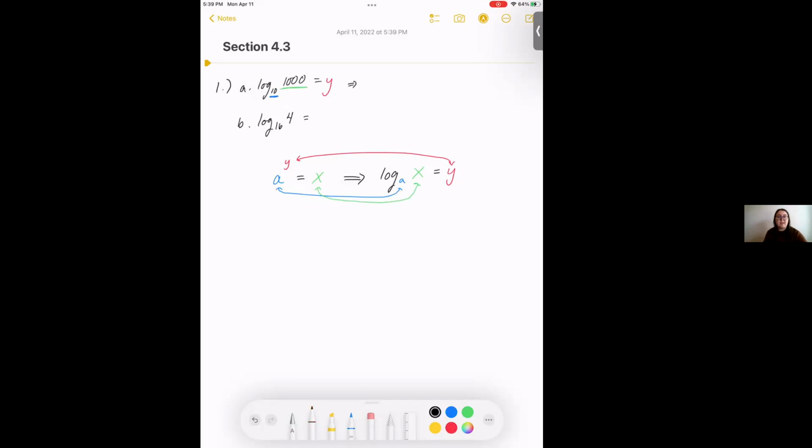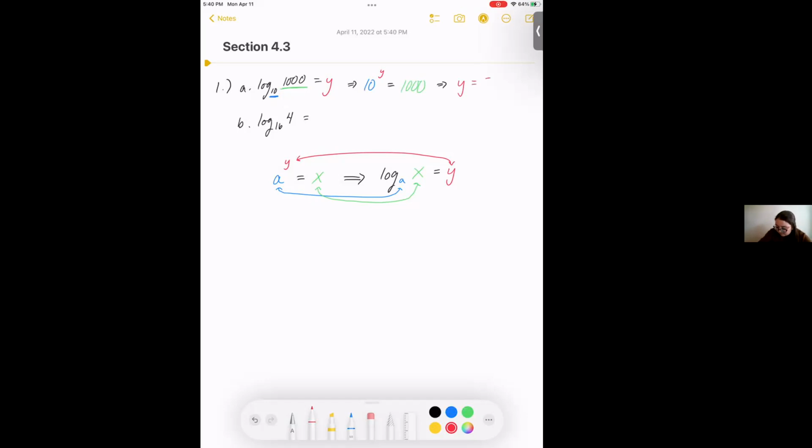So in our exponential form, this is going to look like 10 to the power of y is equal to 1,000. And lastly, we just really want to figure out what y is going to be. We need to figure out what value of y would have to be the exponent of 10 in order to give us 1,000.